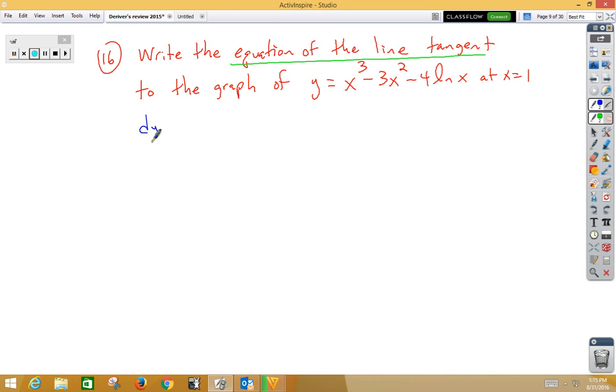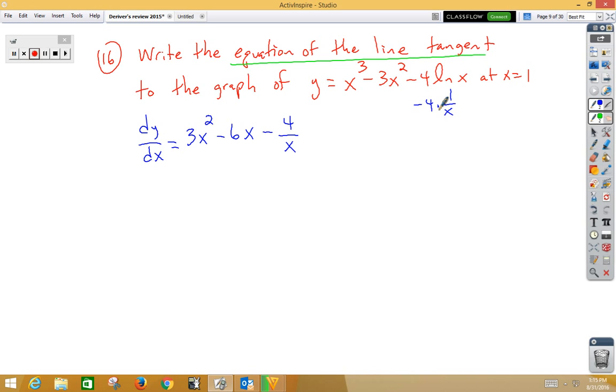dy/dx is equal to 3x squared minus 6x minus 4 over x as our derivative, because remember that the derivative of natural log is 1 over x, and negative 4 times 1 over x is negative 4 over x.